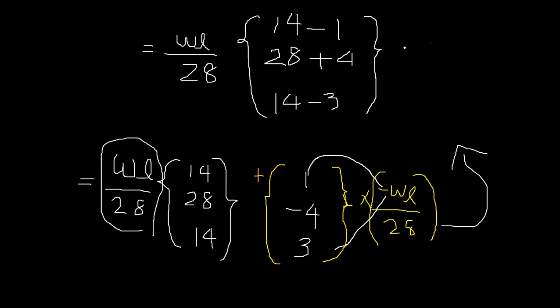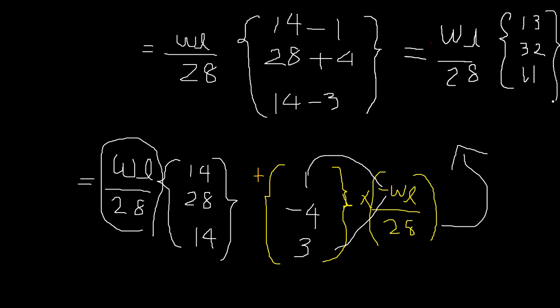So that's going to be WL over 28 into 13, 32, and 11. So this is VA, VB, and VC.